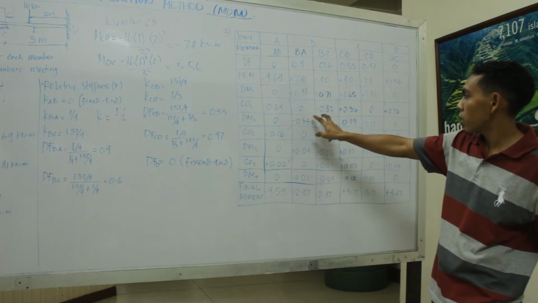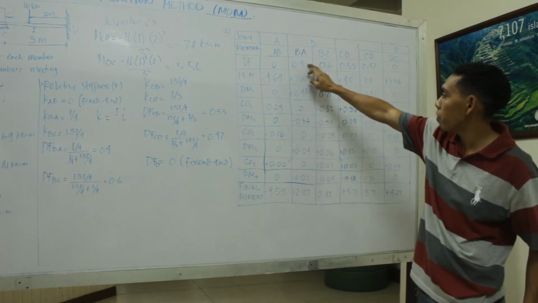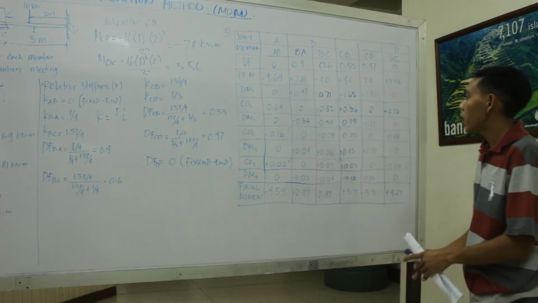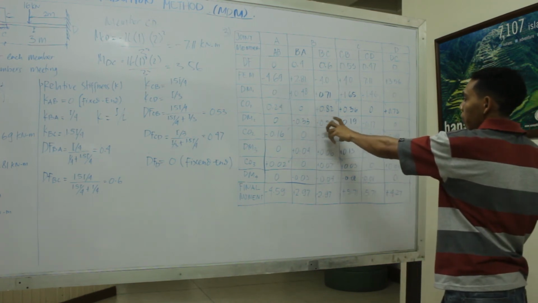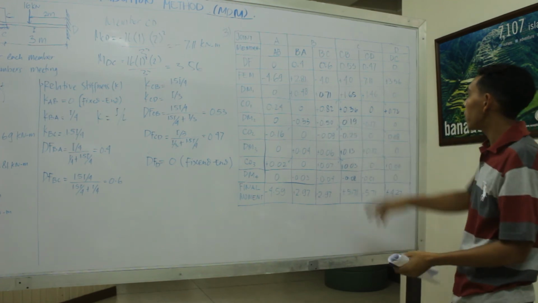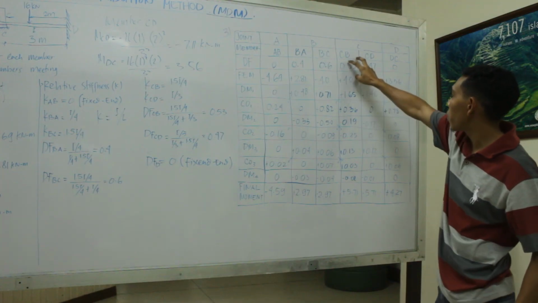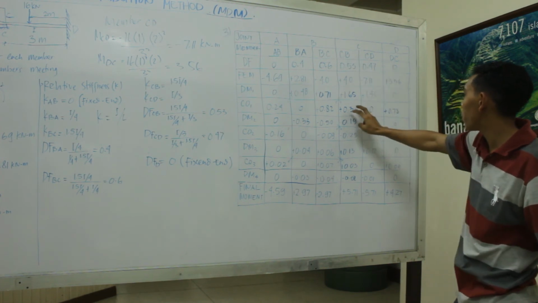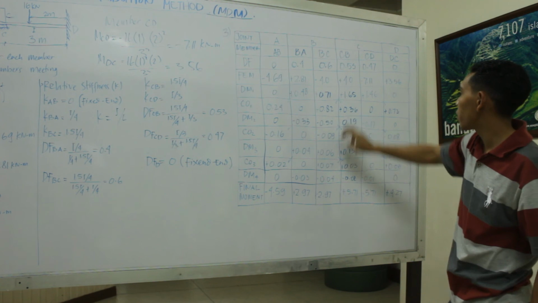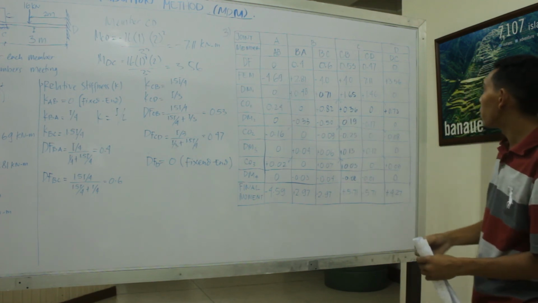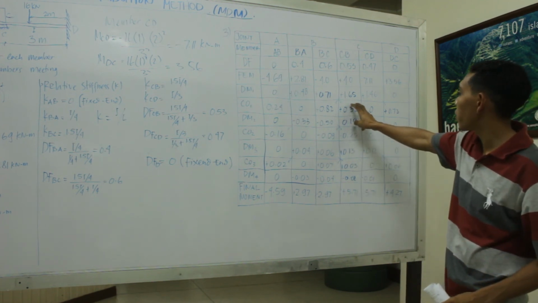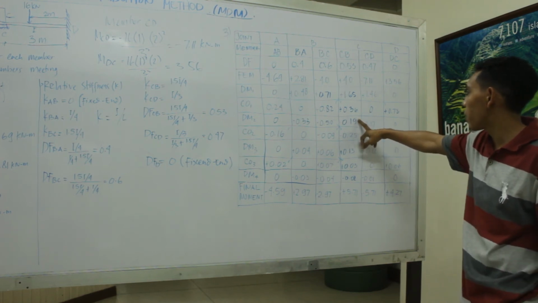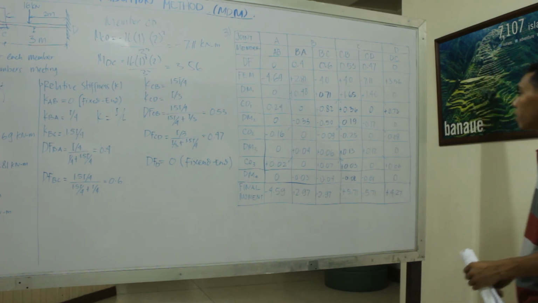So we add these two multiplied by 0.4, we have negative 0.33, and here we have negative 0.50, and for this one we add these two multiplied by 0.53 and multiplied by 0.47, we have here negative 0.90, and this one is negative 0.70.